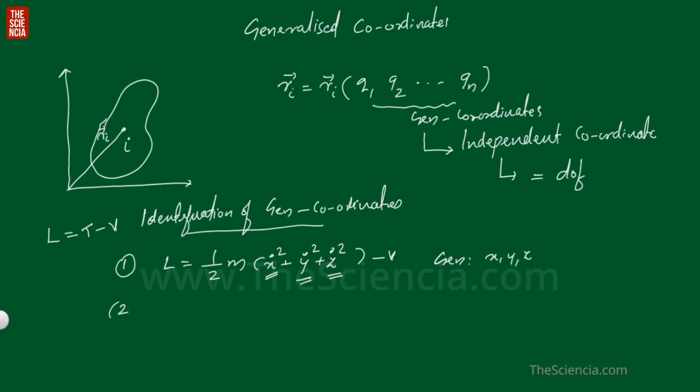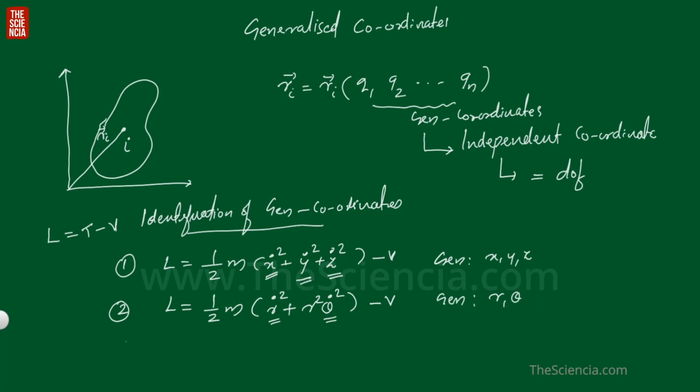Second example, I am giving you L equal to half m (r dot square plus r square theta dot square) minus V. Here, what are the generalized coordinates? Here I am telling this one and this one are the generalized coordinates.